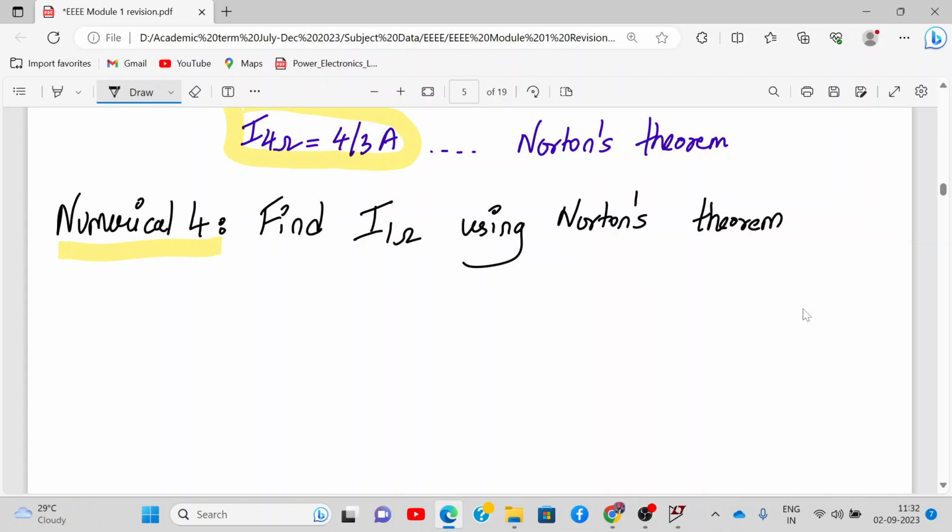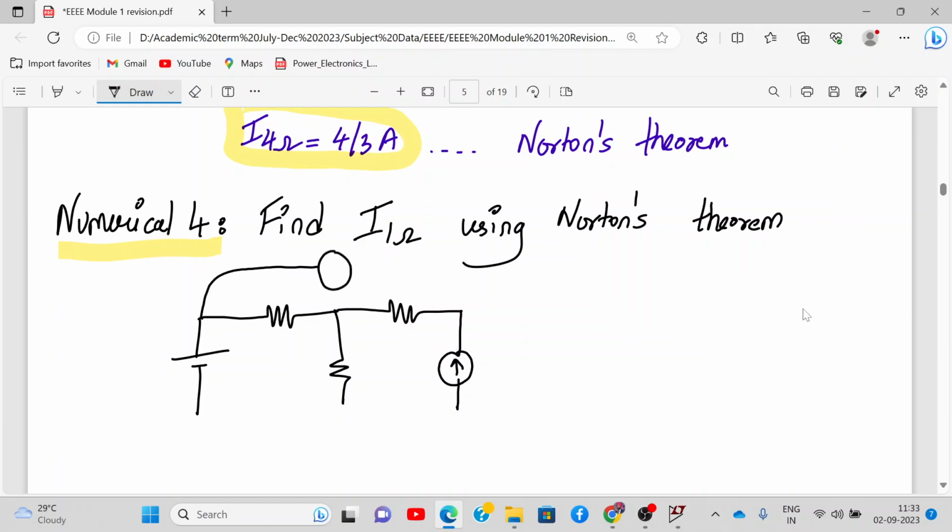And the circuit diagram is as follows. 2 ampere, this is 1 ampere, this is 2 ohm, this is 4 volt.